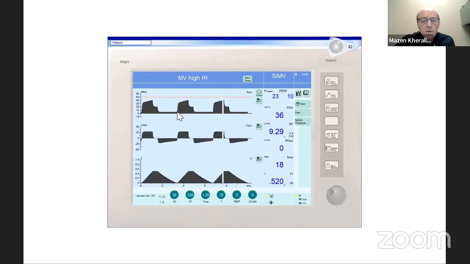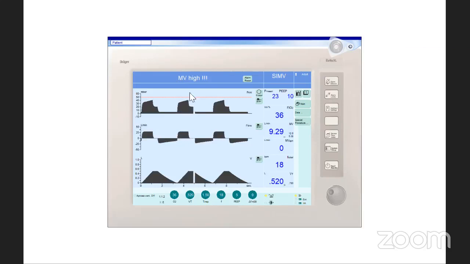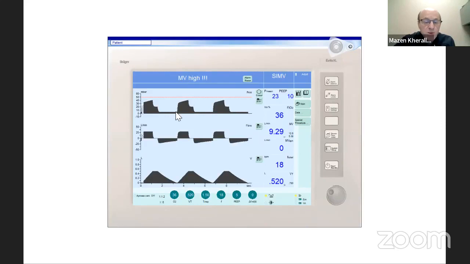You can see how high the pressure goes first compared to the difference between the peak inspiratory pressure and the plateau pressure. So this is the first abnormality that you detect. This pressure is the pressure required to overcome the Auto-PEEP and the airway resistance.